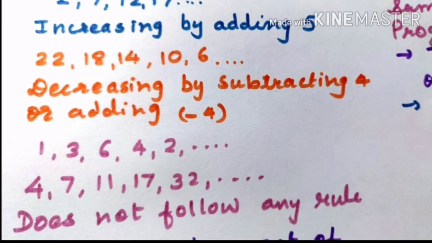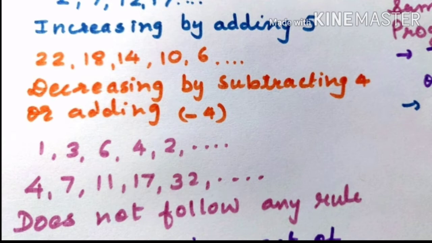Now one more example, that is 4, 7, 11, 17, 32 and so on. Here first it is 4, then 7 increasing, then 11 again increasing, then 17, and 32 also. So this sequence is increasing, but let me explain whether it is increasing in some order or not. 4 plus 3 is 7, then 7 plus 3 is not 11, it is 10. 11 plus 3 is not 17, it is 14.